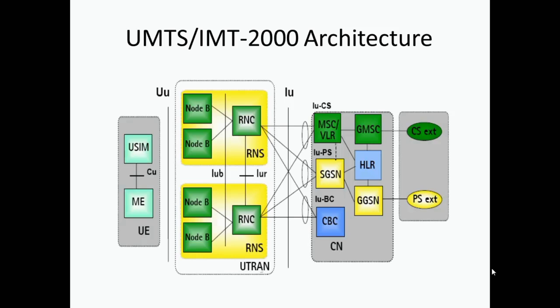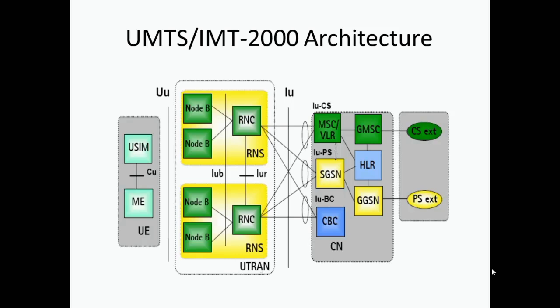Node B is equivalent to the BTS in GSM and typically serves a cell site. Several Node Bs are connected by a single RNC. RNC is connected further to the core network.